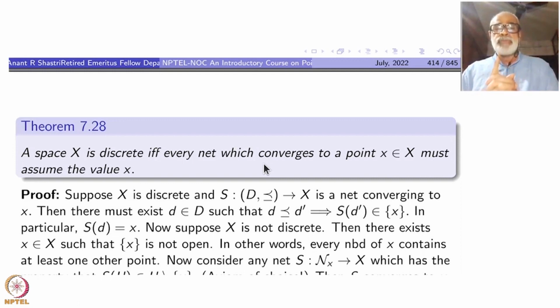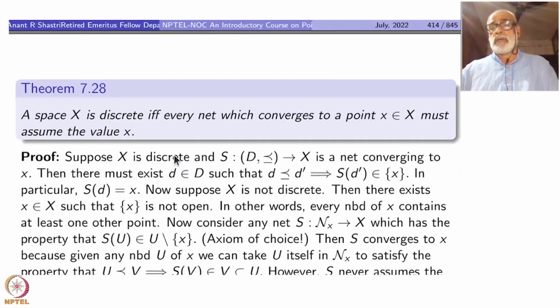If this happens for every net, that space must be discrete. So this is a powerful characterization of discrete spaces in terms of convergence of nets. It must hold for every net, not just one net. That is the whole idea.